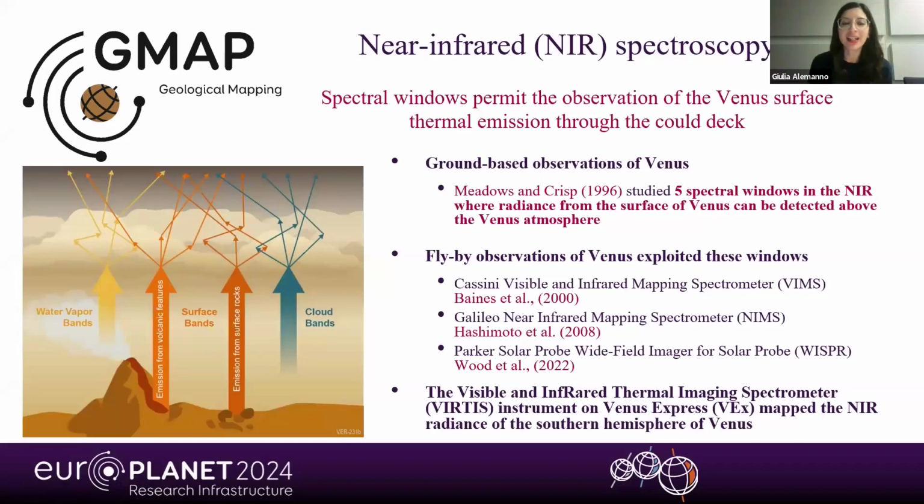And finally, last but not least, the visible and infrared thermal imaging spectrometer on board the Venus Express mission mapped the near-infrared thermal emission coming from the Venus surface in three spectral windows covering the 1 micron spectral region.